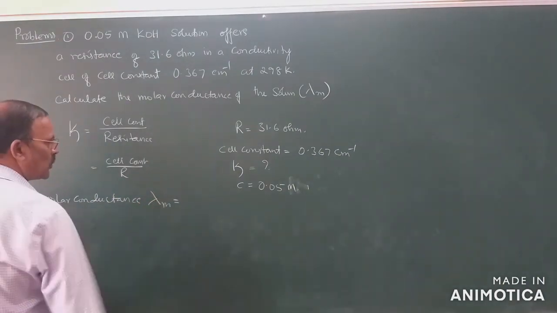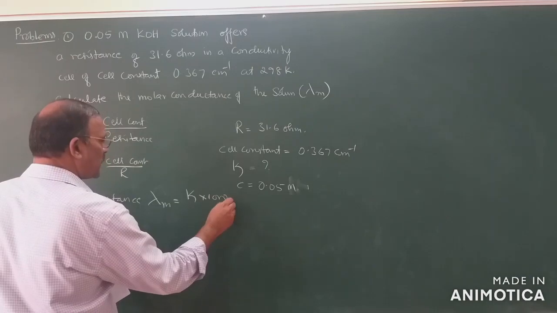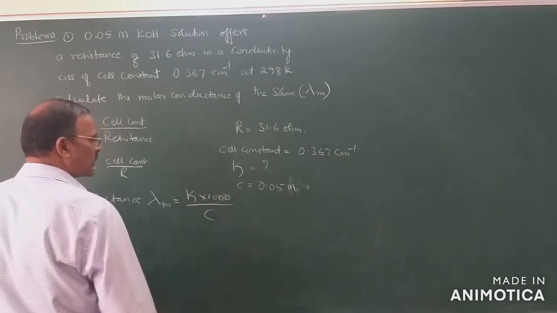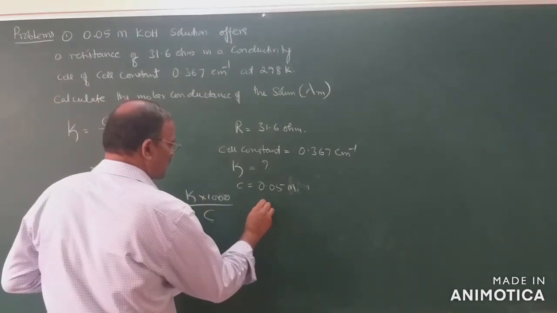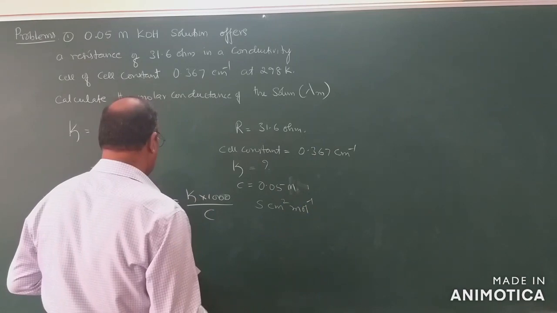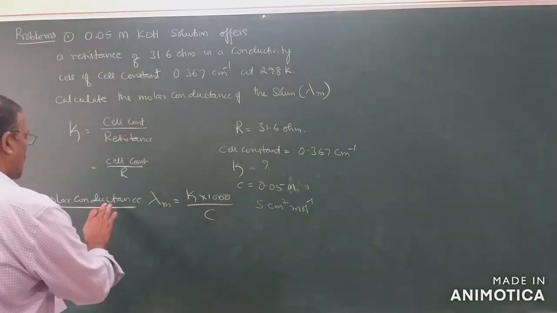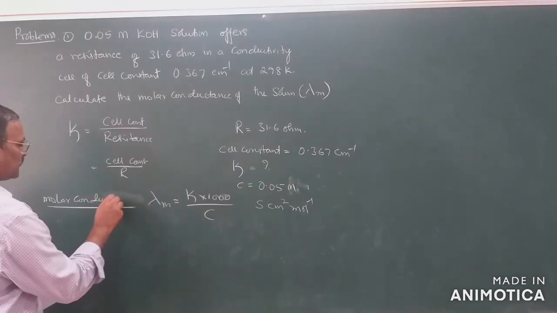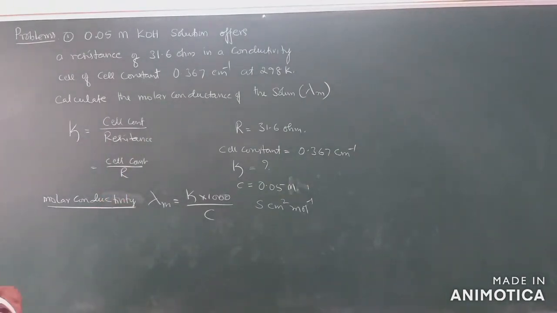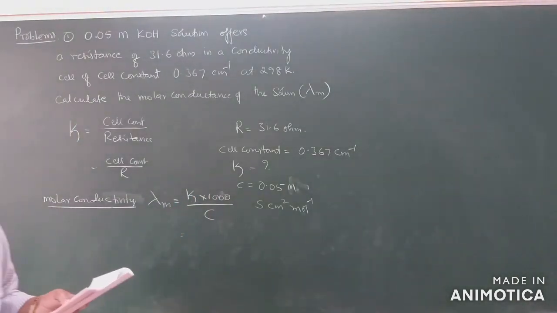Lambda m is equal to kappa into 1000 divided by C. So you will get Siemens centimeter square mole minus 1. So you get molar conductance, molar conductivity lambda m in Siemens centimeter square mole minus 1. So this is the first problem.